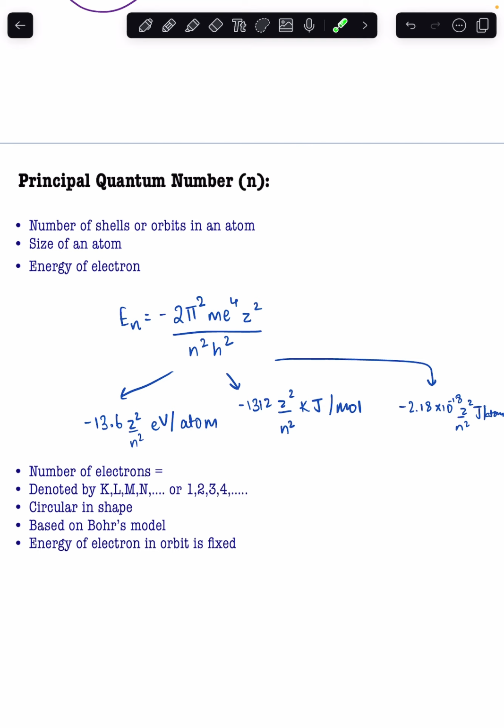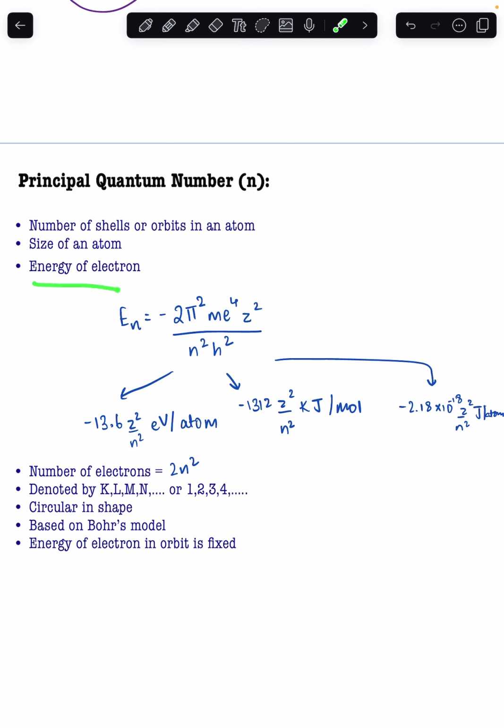It's circular in shape, energy is fixed, it is denoted by K, L, M, N or 1, 2, 3, 4, and the number of electrons, I forgot to write here, the number of electrons in a shell is 2n square, n being the principal quantum number.